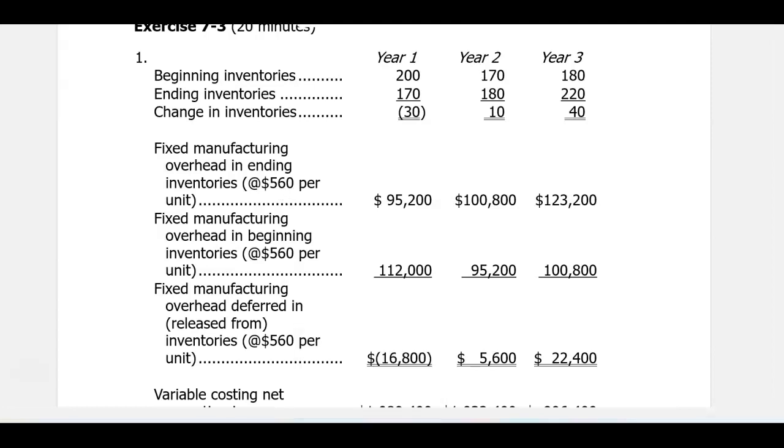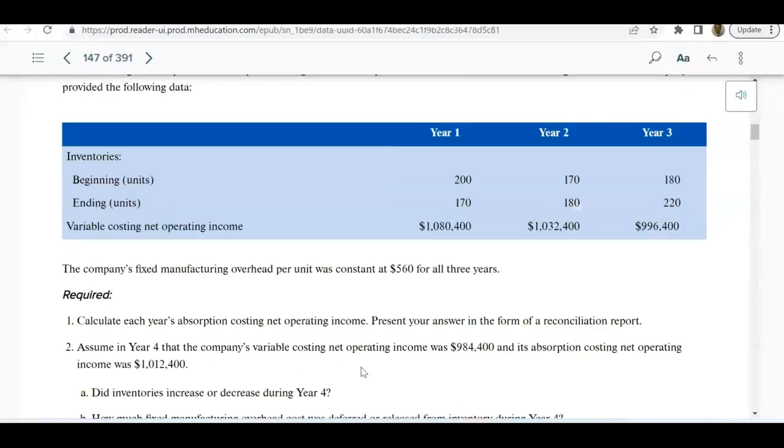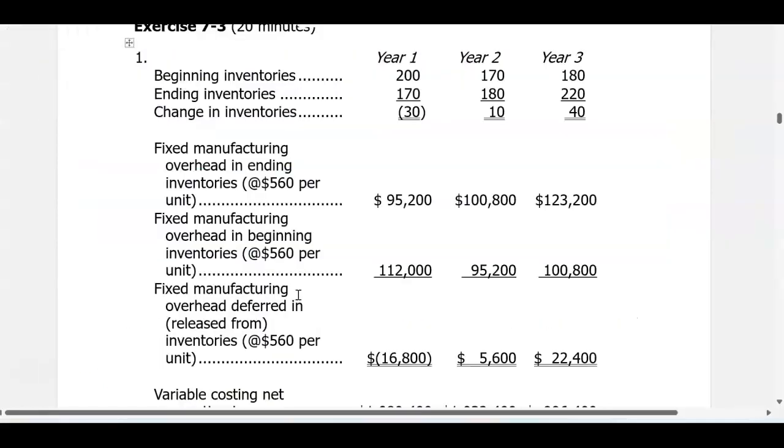We have 170 units left, right? Let me calculate that for a second, just to make sure I tell you the right thing. 560 times 170 is 95,200.